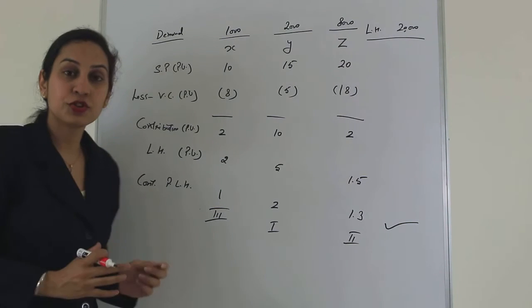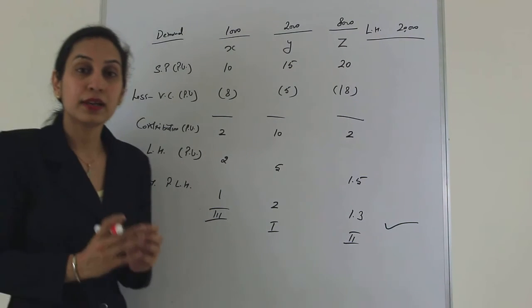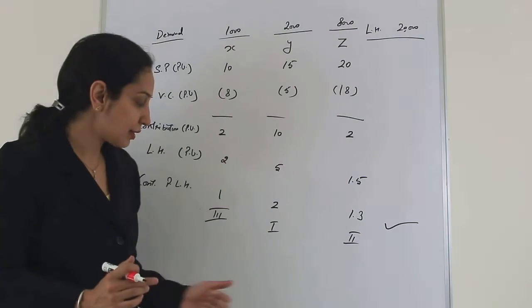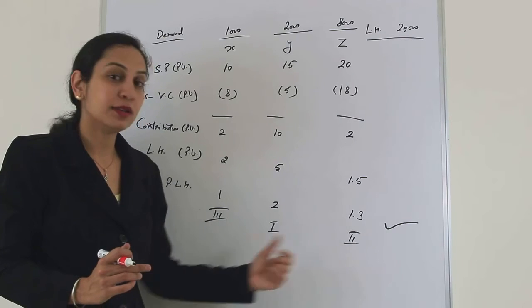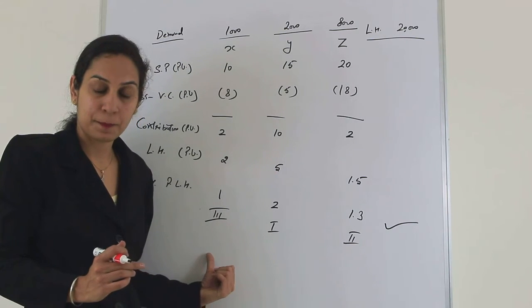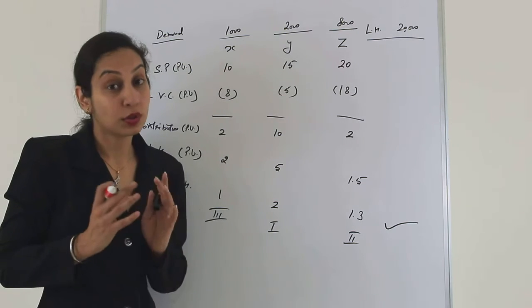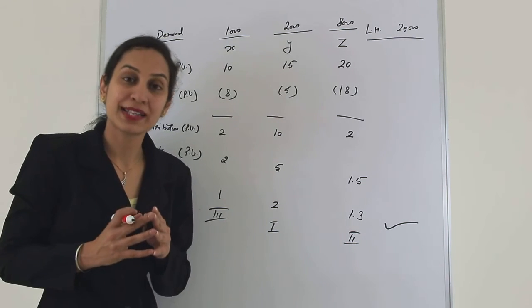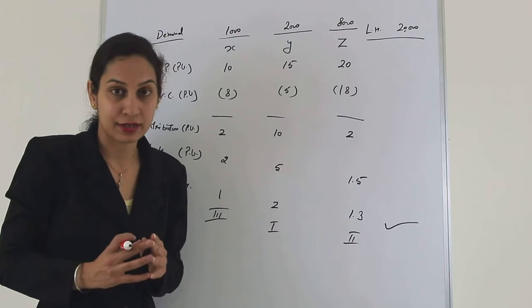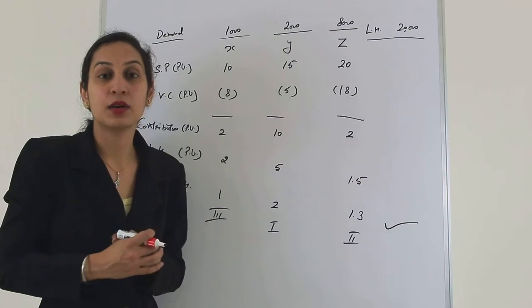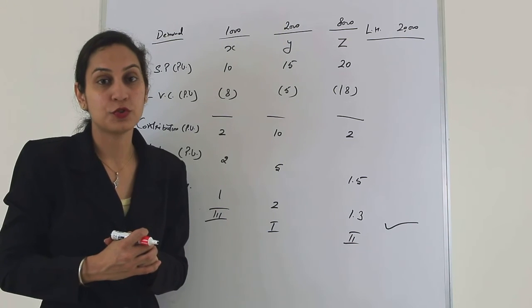When your examination question says calculate optimum mix, the optimum mix is Y, Z and X. If the question says how much is the total contribution or the maximum contribution the business can get, then we have to take further steps and convert that into total contribution.